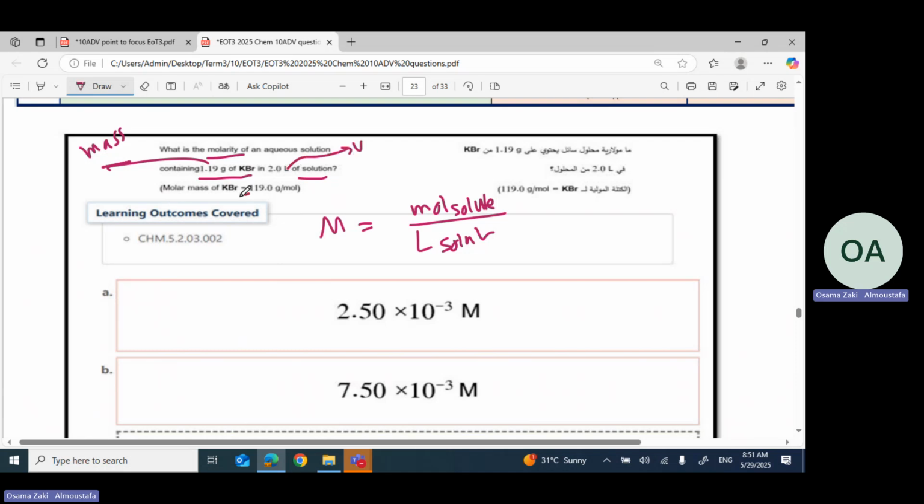Here, what do we have? We have molar mass. Okay, so moles of solute. Do we have moles of solute? No, we have mass. So how to get it? Just divide the mass, which is 1.19, by the molar mass, which is 119, and get 0.01 mole. Okay, over the volume. Is it in milliliter or liter? No, in liter. So it's ready. So this is 2. So just divide 0.01 by 2, you get the answer.